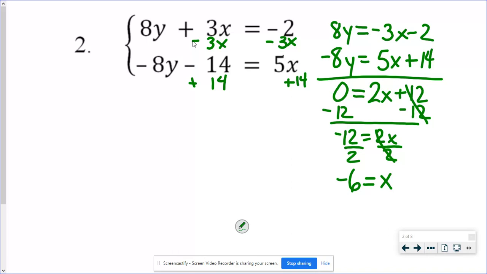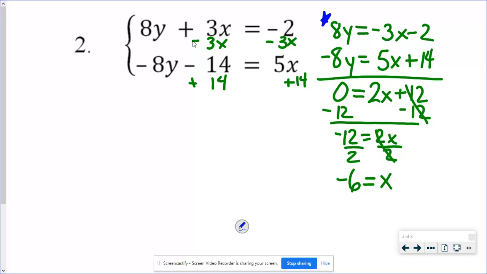In the last problem, I just said, this isn't like substitution where we have y equals. And we still don't, but we almost do. If I look at this equation right here, I realize that it's rearranged a little bit, but the 8y, yes, there's a coefficient in front, but the y is almost by itself.